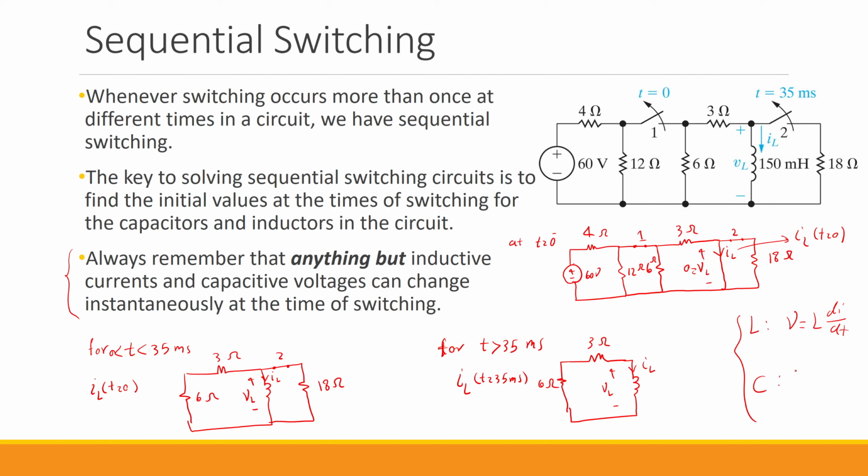Similarly, for the capacitor, its current is C times the derivative of the voltage with respect to time, which means that the voltage of the capacitor cannot change instantaneously because that requires an infinite amount of current, which is not physically possible, but its current can change instantaneously.